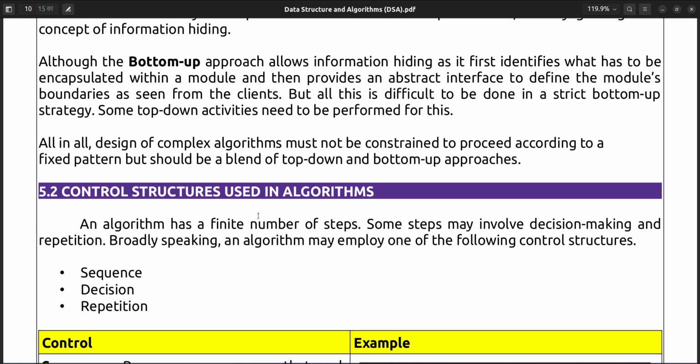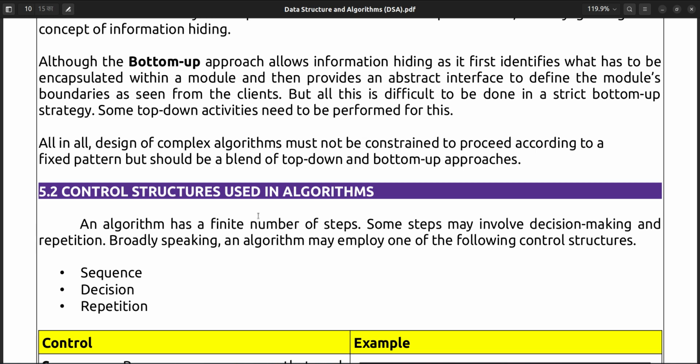We want to control the flow of a program execution. How can I control it? Using if else conditions, or for loop, while, do while, or any other loop, or we can use the switch statement also. So those are the controls.